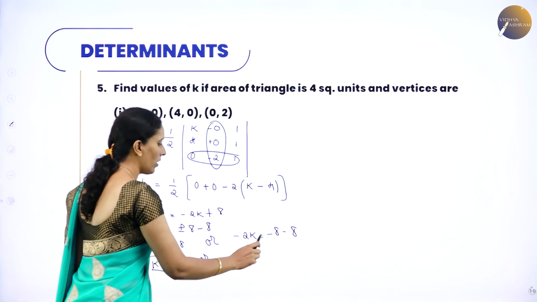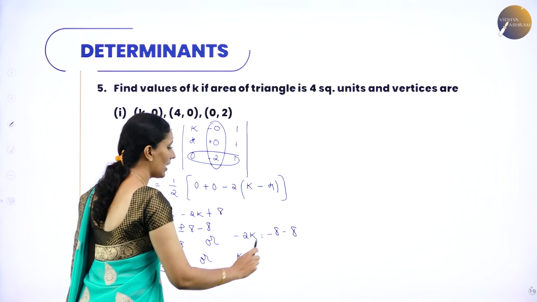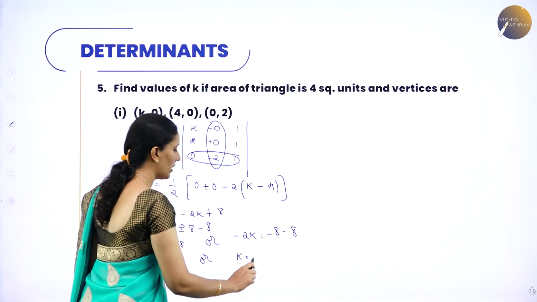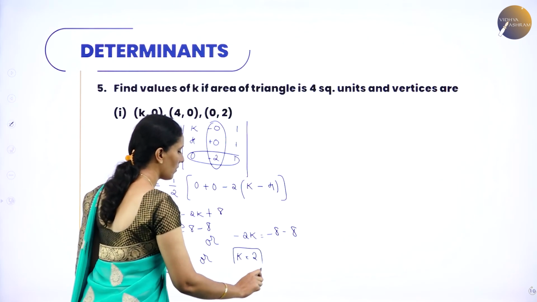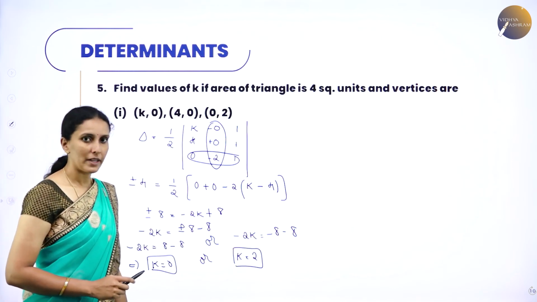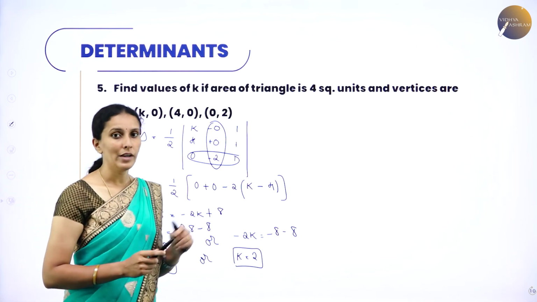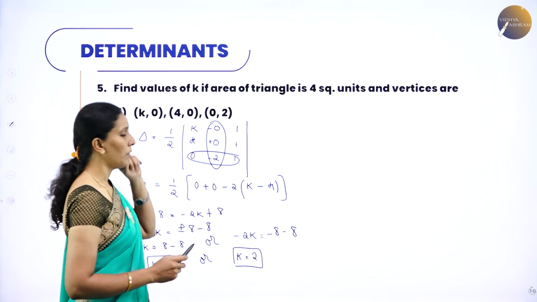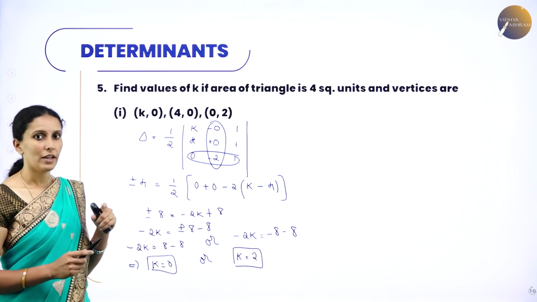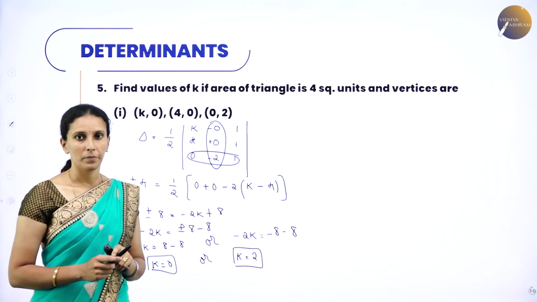Or if minus 2K is minus 16, then K is equal to 8, because both sides are negative, 16 by 2 becomes 8. Therefore, K is equal to 0 or K is equal to 8. So, therefore, the point may be (0, 0) or (8, 0).